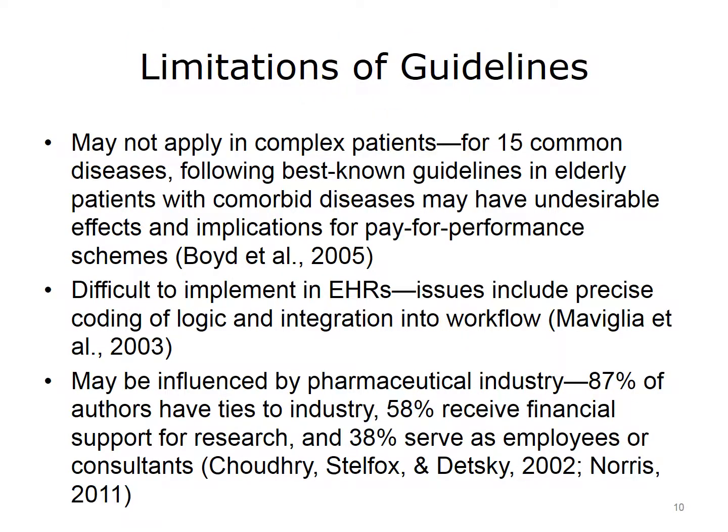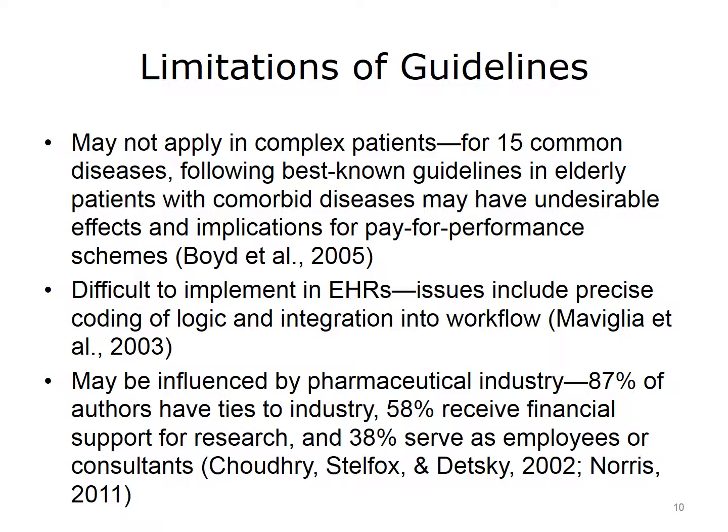Practice guidelines certainly have limitations. One challenge for guidelines is that they are difficult to apply in complex patients. For example, a study by Boyd and colleagues looked at 15 common diseases. They took the best-known guidelines for those diseases and assessed them for use in elderly patients who had many comorbid or coexisting conditions.